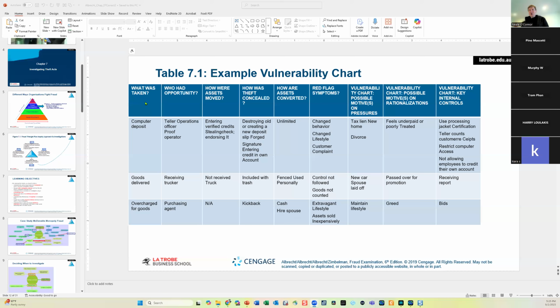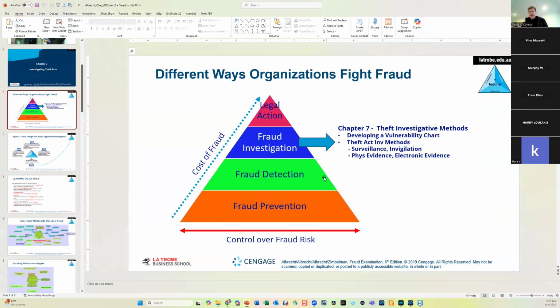You need to have a sense of it if you've done the fraud detection, which was really based on symptoms A, B, C, D, E, F, G. And these are all the symptoms of the fraud.